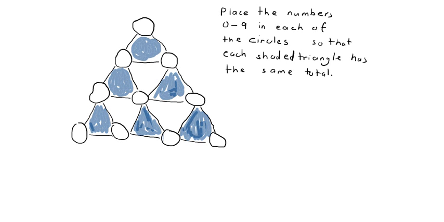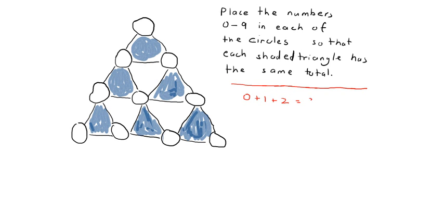So there was a little bit of guess and check in this, but I'll show you some of the logic as to how I got down to a reasonable level. I thought, well, the numbers are 0 to 9. The smallest possible triple, because there are 3 numbers in each triangle, is 0 plus 1 plus 2, which is 3.